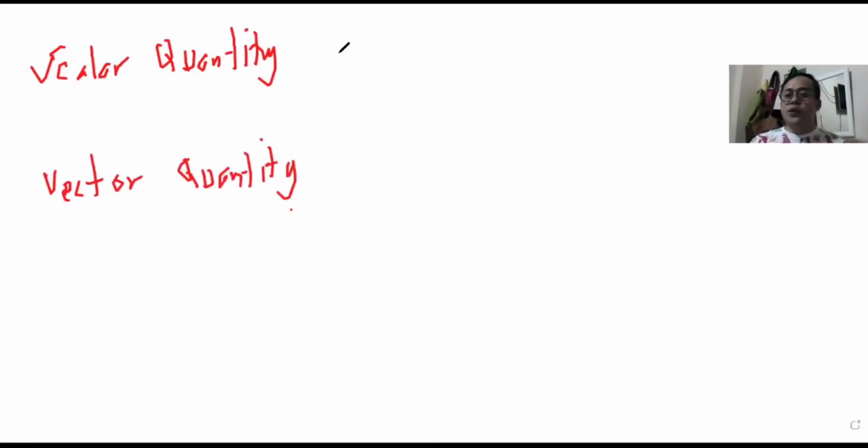Once we talk about scalar, this scalar quantity is only speaking of a magnitude. A magnitude is just an amount. So you are measuring only the amount of that particular situation that we are going to describe.